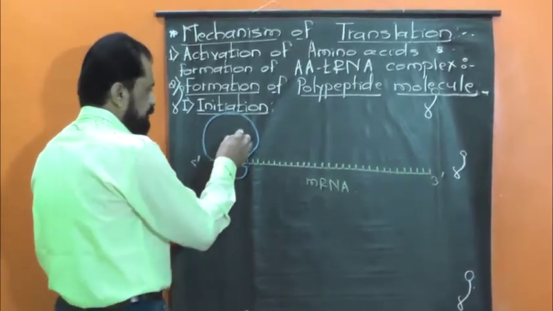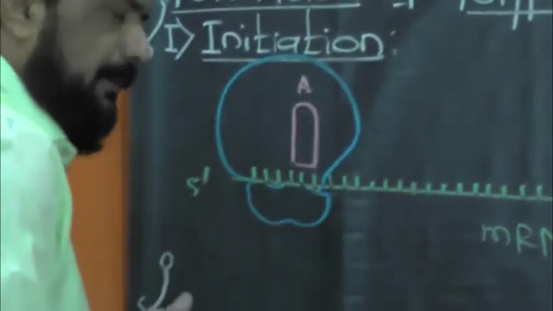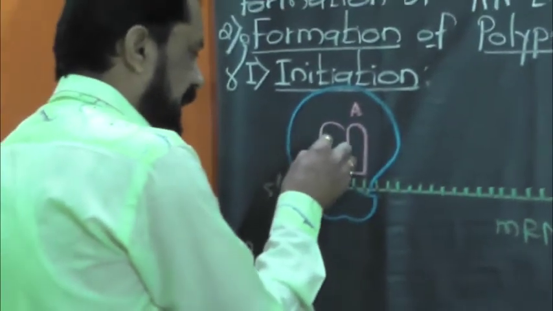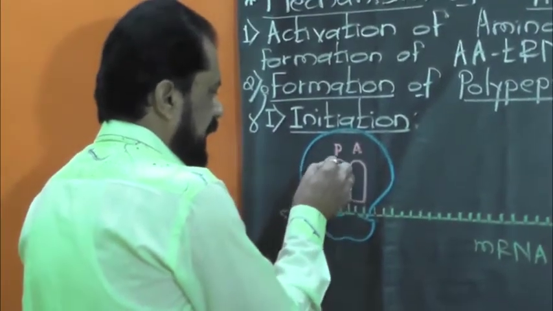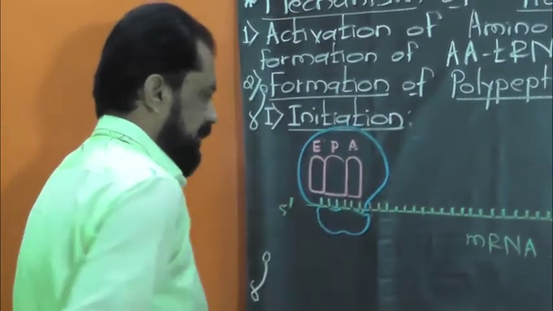Please look. This is the A site, the amino-acyl or acceptor site. Here is the second, the P site, and the third, the E site, the exit site.